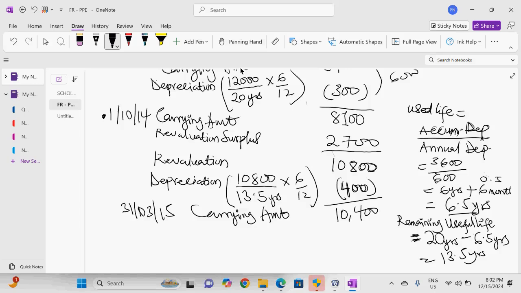But the question said, what is the depreciation for 2015, right? So now, how do we get our excess depreciation? How do we get the excess depreciation?